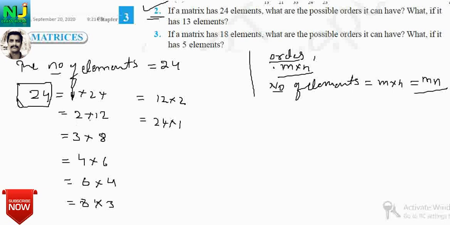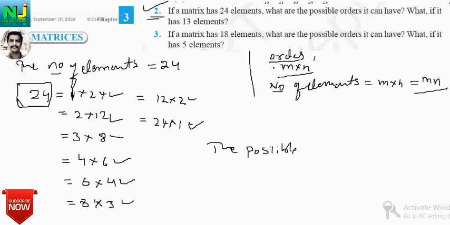So how much? 1 into 24, one element ಒಂದು row ಆಗುತ್ತೆ, ಒಂದು matrix ಆಗುತ್ತೆ, another matrix 3, okay, this is 4, 5, 6, 7 and 8. So what are the possible orders?